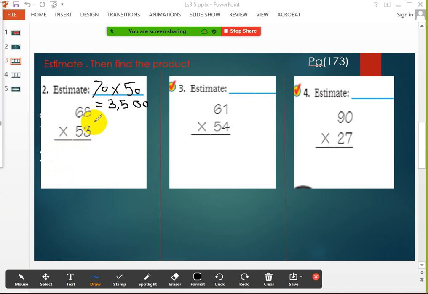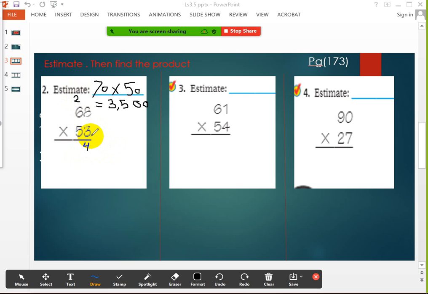Let's start with 3 in the ones digit. So 3 multiply 8 first. 3 multiply 8 equals 24. Very good. Can I write 24 here? No, teacher. So what I have to do, I write 4 here and 2 above the tens, right?